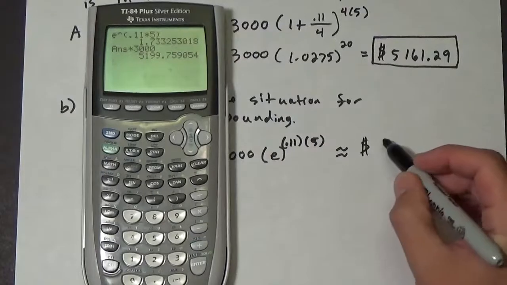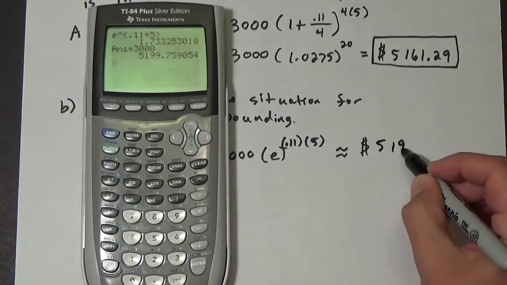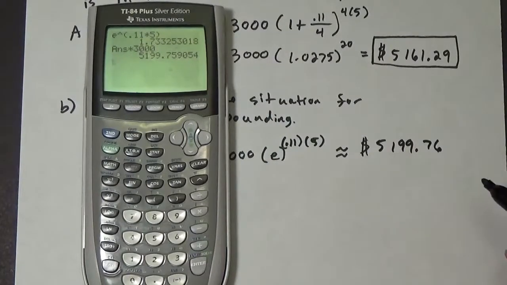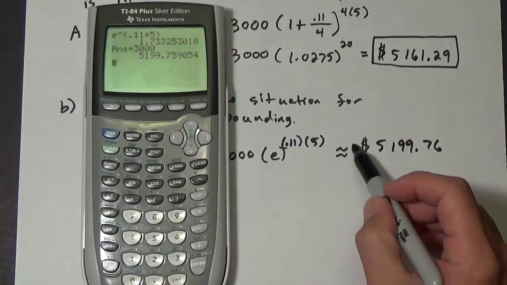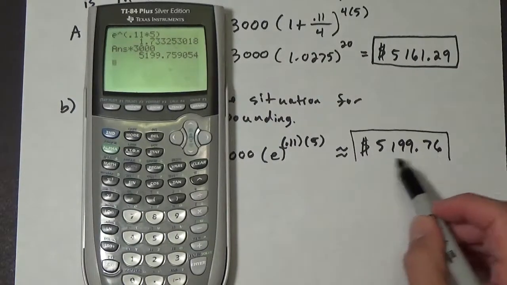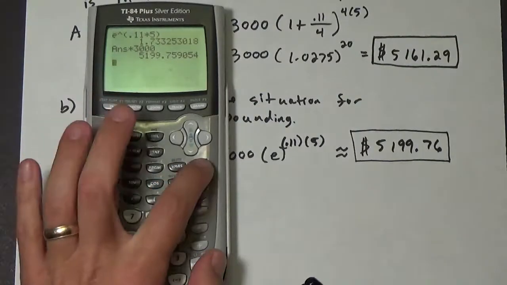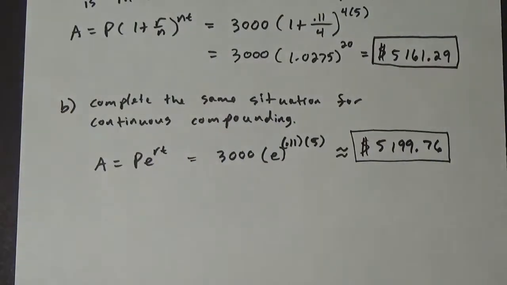And so we get $5,199.76. All right. Now, what this does is it gives us our limiting factor on compounding.